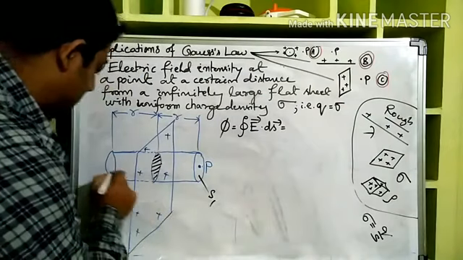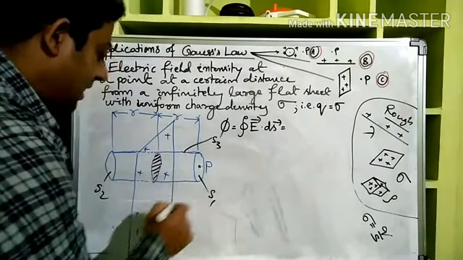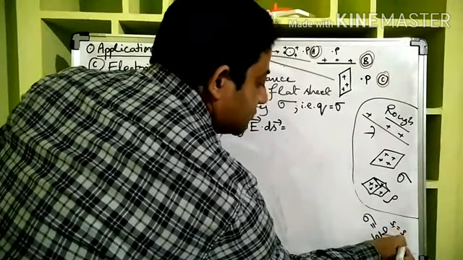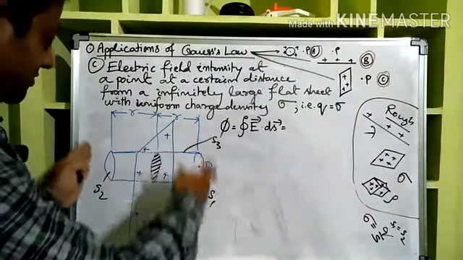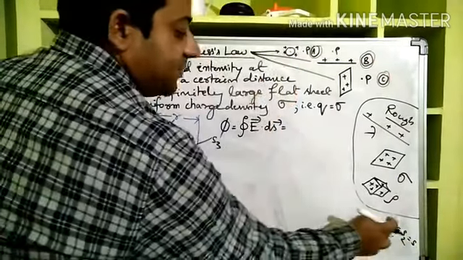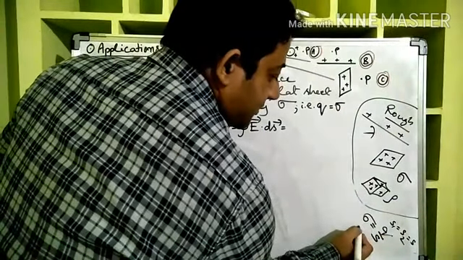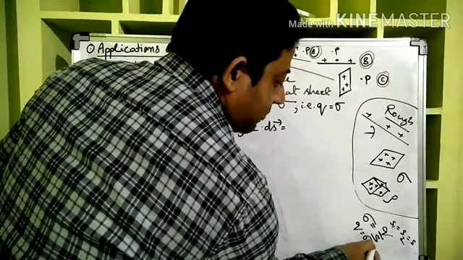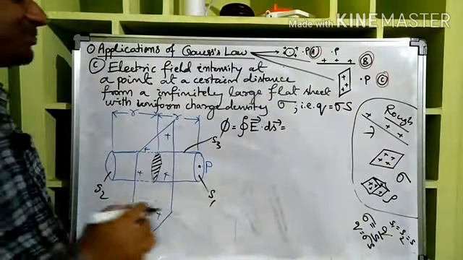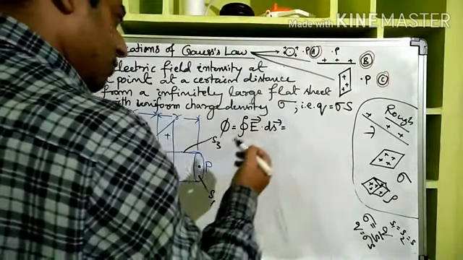Let us say this is S1, this side is S2, and the curved surface is S3. Now let us say S1 is equal to S2. Since this is a uniform cylinder we have imagined, S1 is the same as S2 is equal to S. Then sigma is equal to Q by S. So Q is equal to sigma into S, right? Clear?